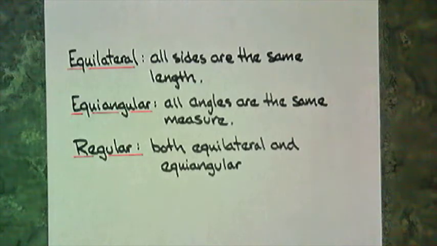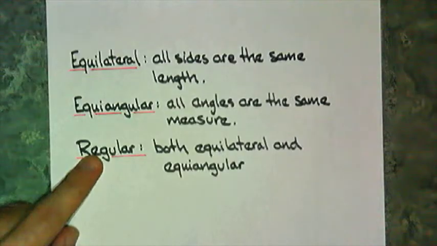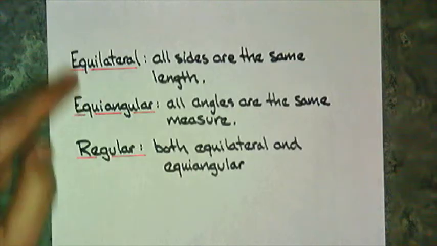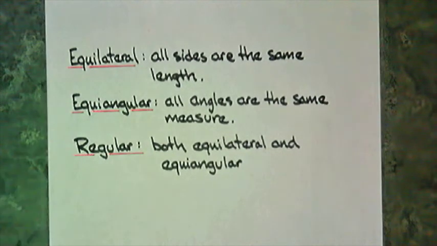So I can put these together with the number of sides words. I can have an equiangular pentagon, a regular nonagon, I can have an equilateral triangle. So that's how it helps me classify them, so you know what I'm talking about in the picture that we're talking about.